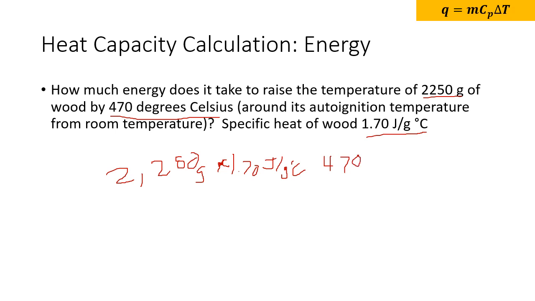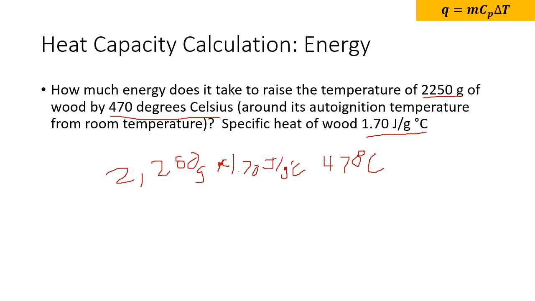Now, you may be sitting here and going, why am I saying that it's degrees Celsius? Why don't we put it in Kelvin? Because sometimes they do. And I'm here to tell you that if it's a temperature change, if you're taking the difference between two temperatures, it doesn't matter. The temperature change in Celsius is the same as the temperature change in Kelvin.